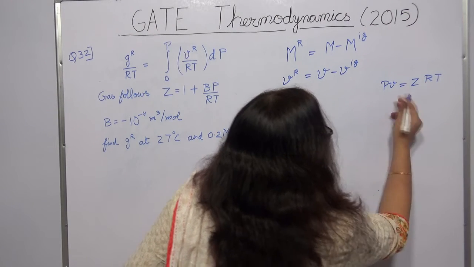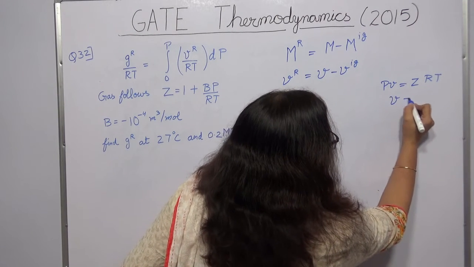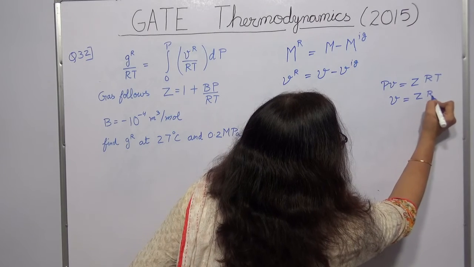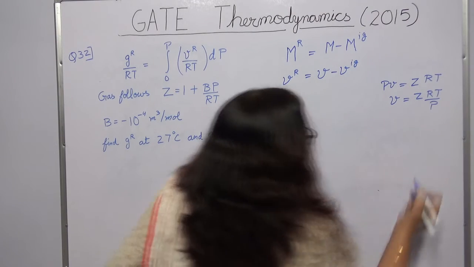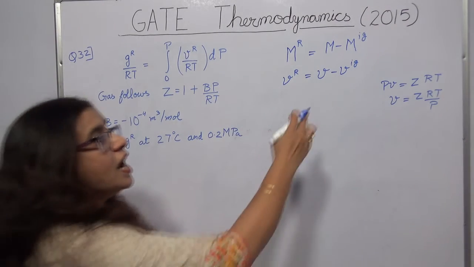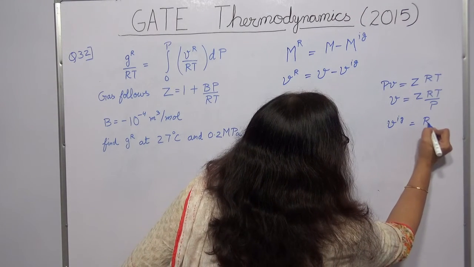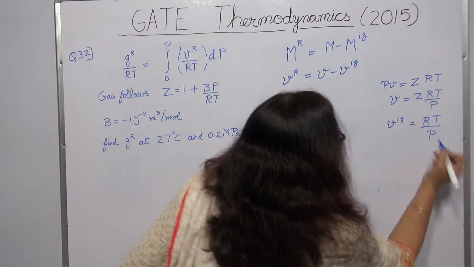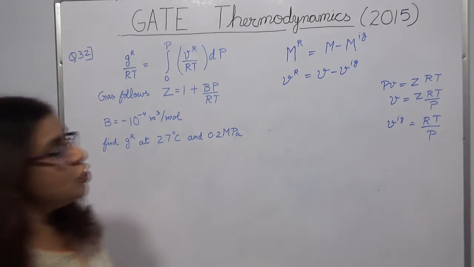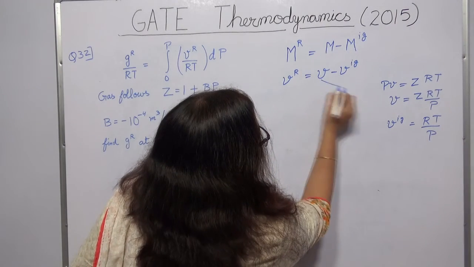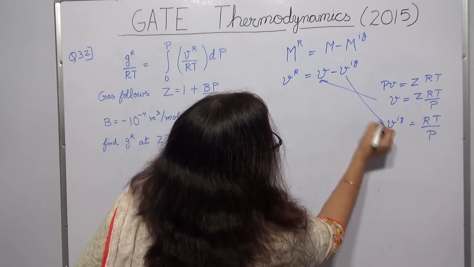PV is equal to ZRT. Okay, so for real gas, my molar volume will be equal to ZRT by P. Okay, and for ideal gas, since Z will be equal to 1, I can write my molar volume as RT by P. Okay, so now I plug these values in this equation.